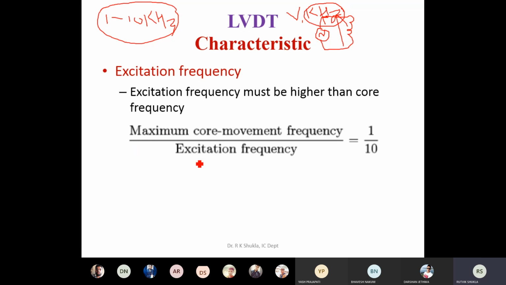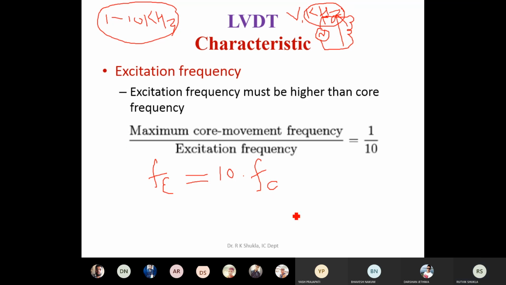The condition says that the excitation frequency, I'll write Fe, should be 10 times Fc. This is very, very important. Or we can say that the ratio of Fc to Fe is equal to 1 by 10.